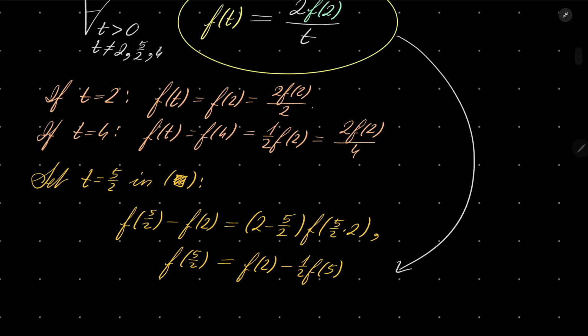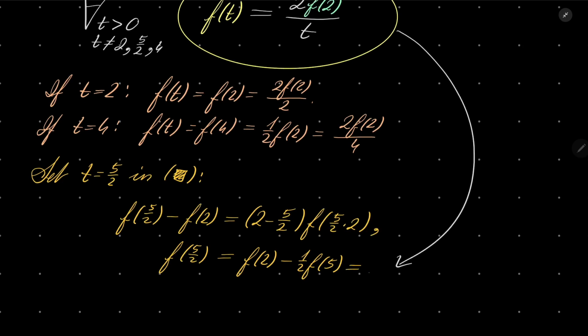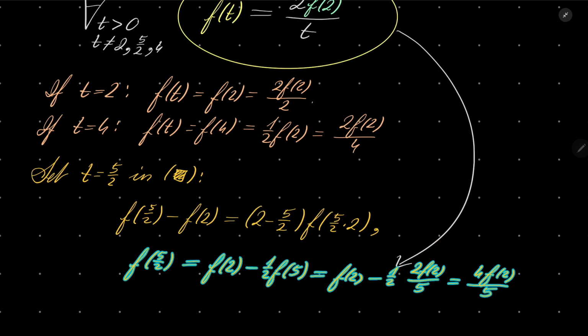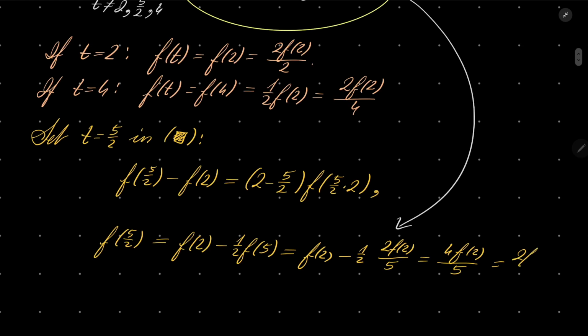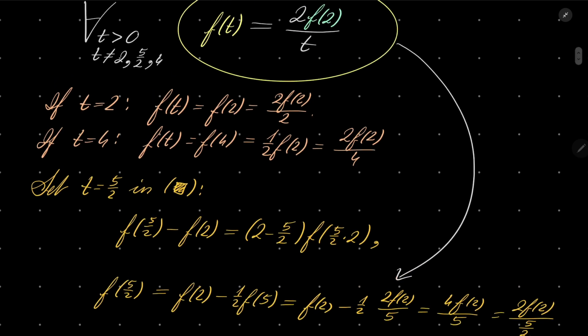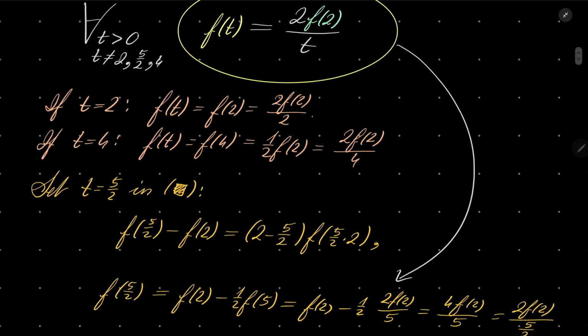So we'll have f of 2 minus 1/2, 2 times f of 2 over 5, which happens to be 4 f of 2 over 5. And notice that the very same thing can be written in a slightly different way. Namely 2 times f of 2 over 5 over 2. So we see that indeed this formula also holds for t equals 5 over 2.